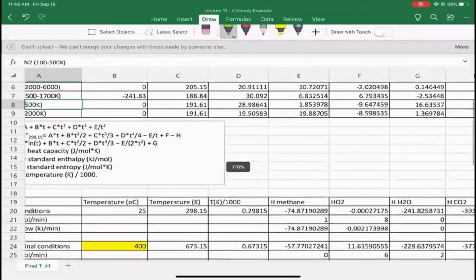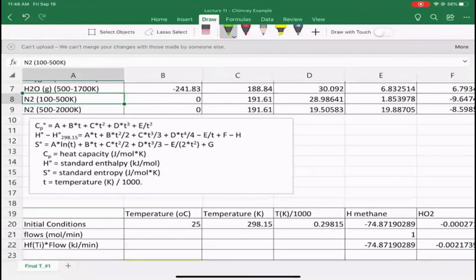I've also reproduced here the equations they gave us in the NIST Chemistry WebBook, where the heat of formation at some elevated temperature, minus the standard heat of formation, equals A times T plus BT squared plus CT cubed over 3 plus DT to the 4th over 4 minus E over T plus F minus H. So my task in this problem is to find a way to intelligently implement this.